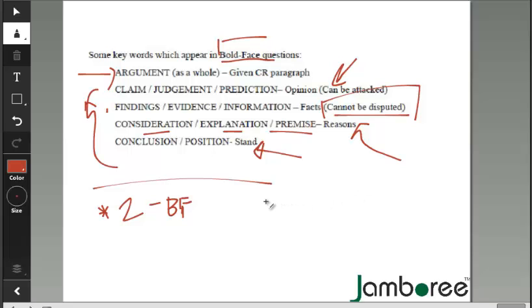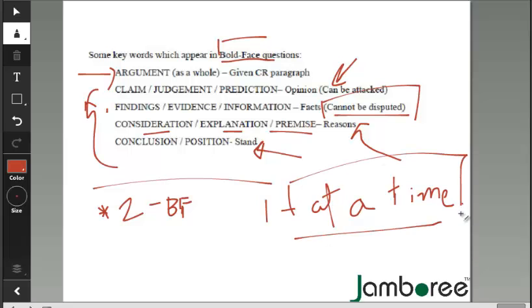So you should do one at a time. Eliminate one at a time. It's just like sentence correction: you first eliminate based on one rule, then you eliminate based on a second rule. Similarly in boldface, whatever you are confident of, maybe the first one, maybe the second one, solve for one at a time and try to eliminate. If you are looking at the first boldface, you will be able to eliminate 1 or 2 or 3 options.